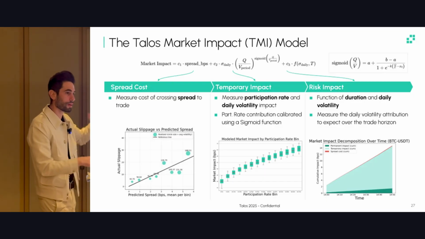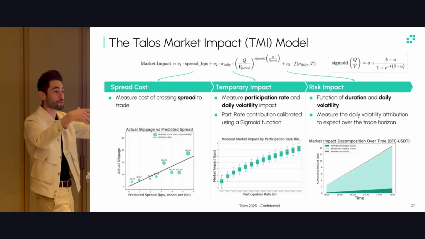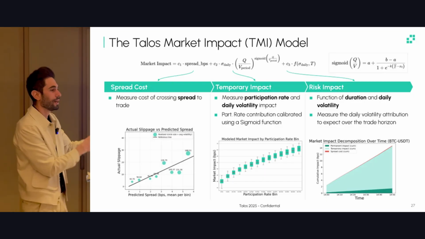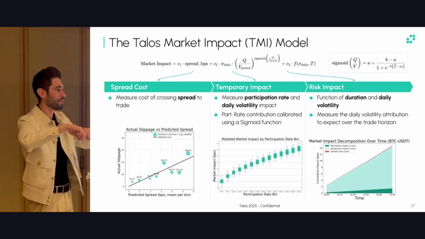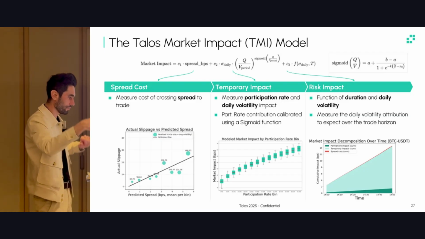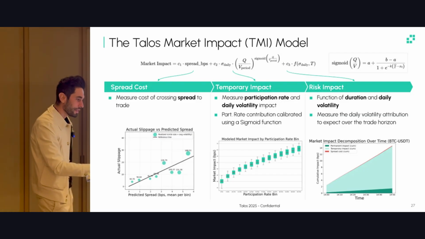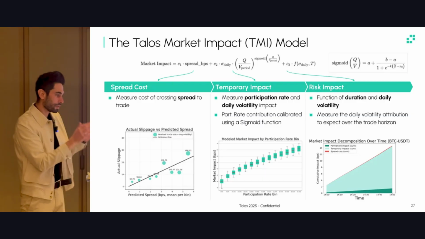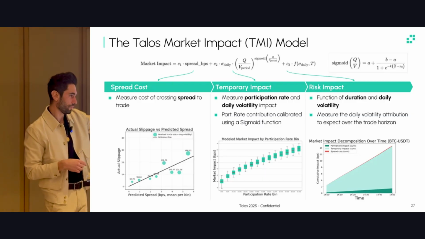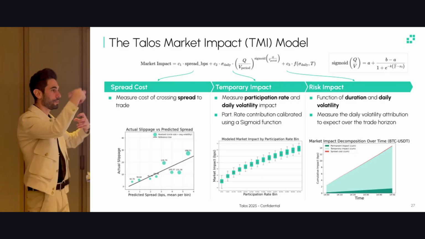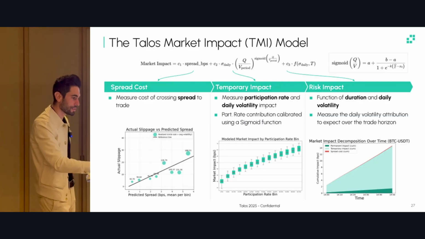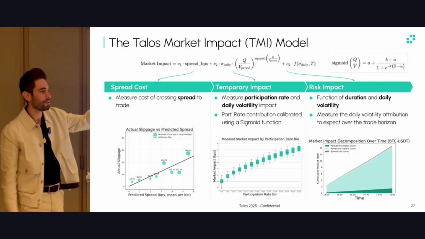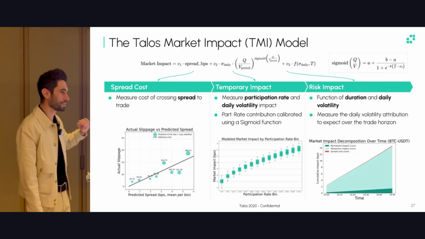Remember, from execution alphas, I now have the predictions of spread, volume, and volatility intraday. I can be creative. This is manifested in the regression model itself. The temporary impact is a function and combination of the expectation of the volume in the market as well as the participation rate. But if you notice, it doesn't have a square root term. Instead, we plugged in a sigmoid function that attenuates itself as a function of the participation rate.